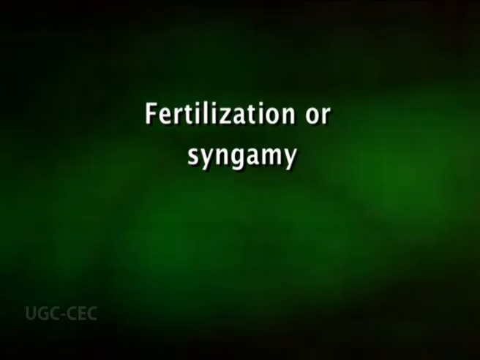The pollen tube delivers male gametes to the female gametophyte. The nucleus of one of the male gametes fuses with the egg and that of the other with the primary endosperm nucleus. The former, that is the fusion of one of the male nuclei with the egg, is known as fertilization or syngamy, and the latter, since it involves a union of 3 nuclei in most of the angiosperms, is known as triple fusion.